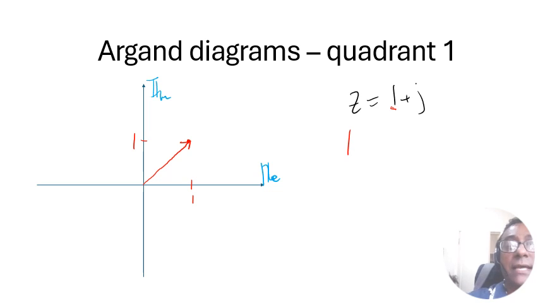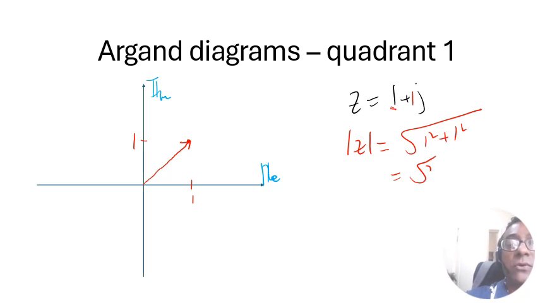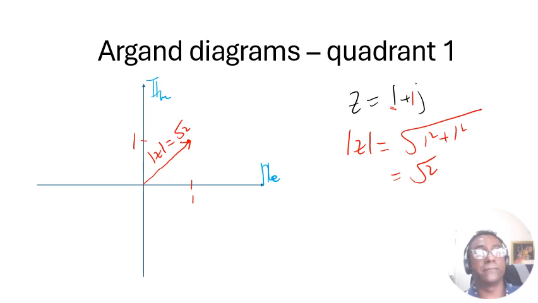So we look at that as mod z, and that is nothing more than the square root of 1 squared plus 1 squared. Now be careful, it's not j times j, but it's the 1 there, so that gives me the square root of 2. So the length or magnitude of that phasor is going to be root 2, like this.